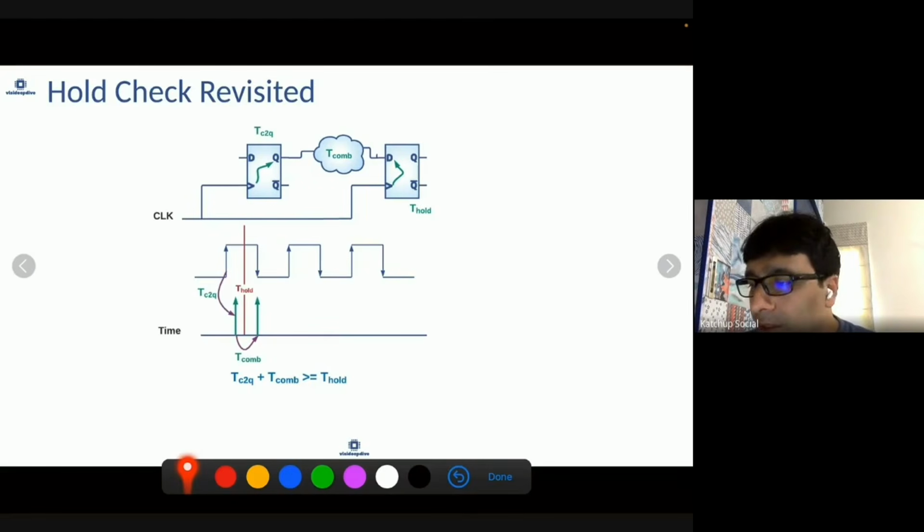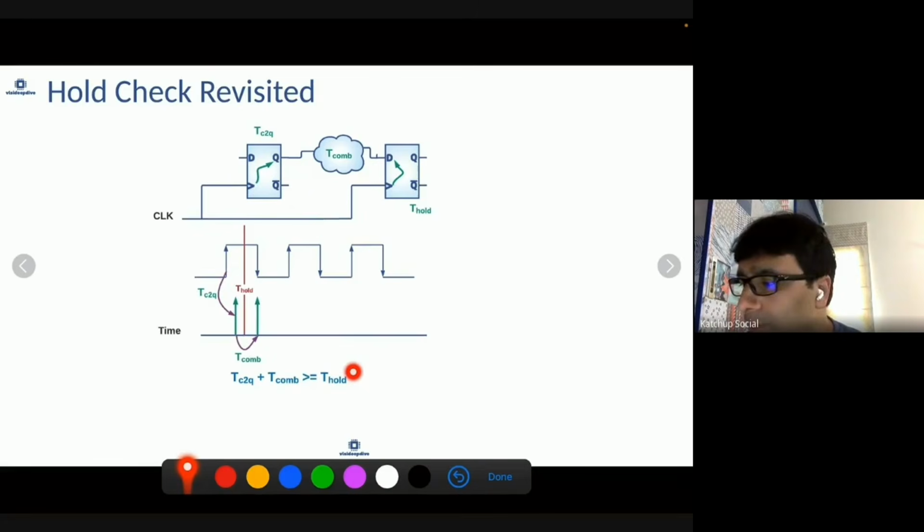Let's understand. There is a clock to Q delay, and this combinational delay, together they have to be greater than the hold time of the flop, so that the previous data is not changed till its capture. So clock to Q delay plus the combinational delay has to be greater than hold, and data has to stay stable after this clock edge, which is given by the T hold value.